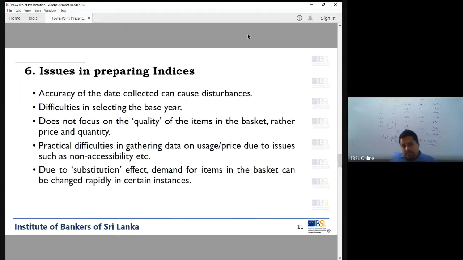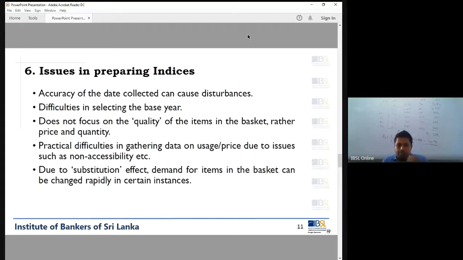Once they get all this data, they have to do a filtration and make sure the data is very accurate. But that's a practical example. Let's say you are doing an indexing and you are going to collect some data, and you doubt the accuracy of the data being collected.